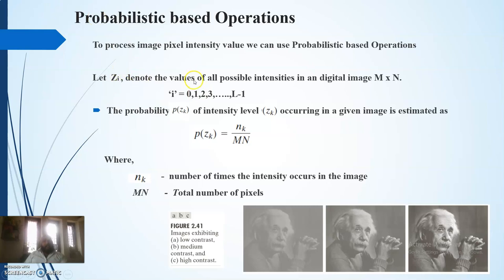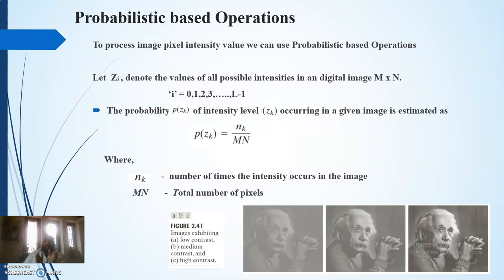Let Zi denote the values of all possible intensities in a digital image of size M cross N. The probability of intensity level Zk occurring in an image is estimated as Pz(k) = nk / MN. This is the expression which operates on the image, carrying out probability based operation.